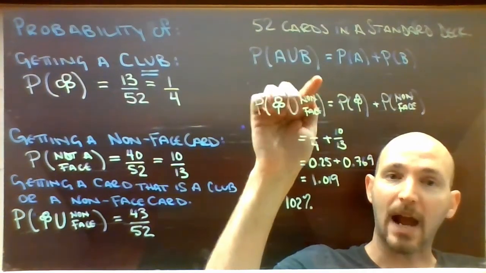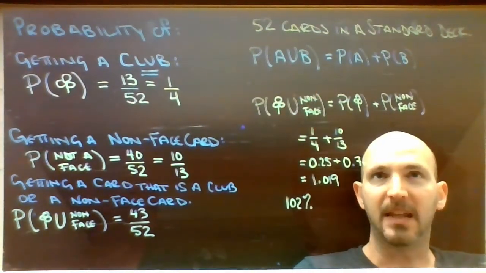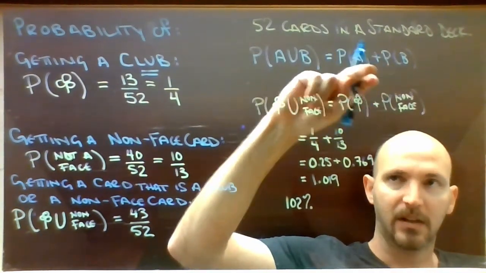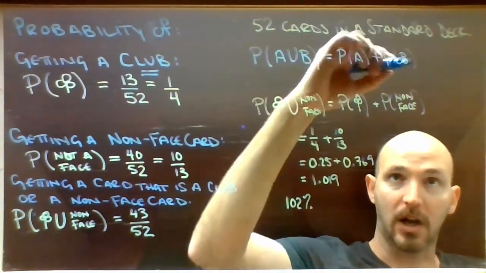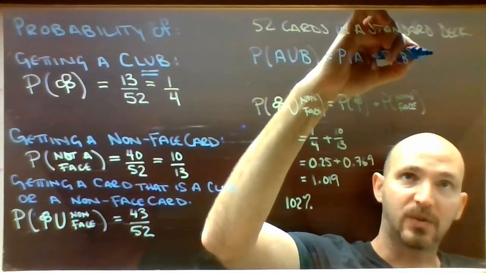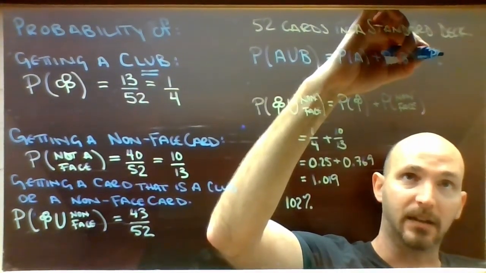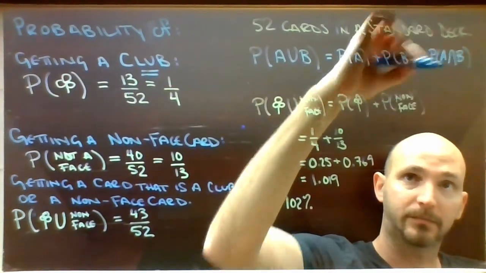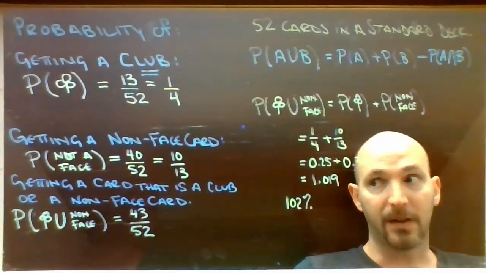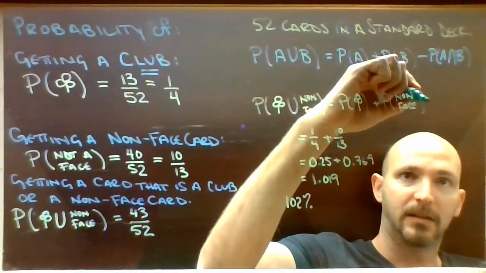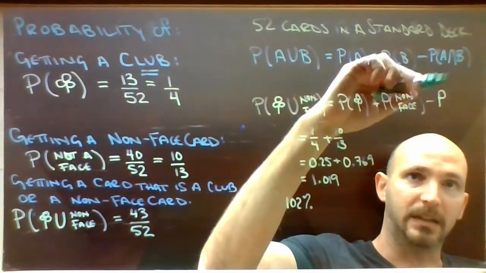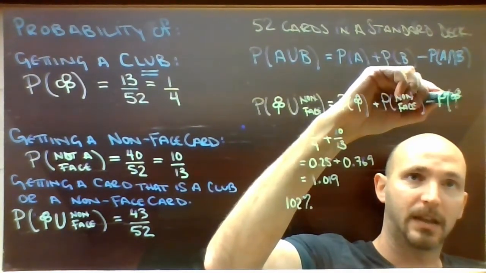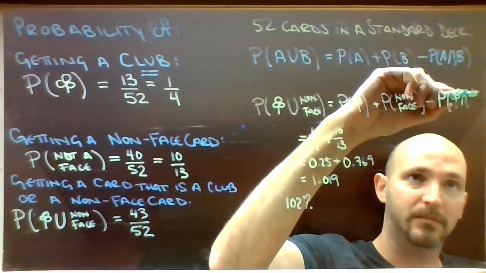So I have to correct that here. The issue was that some things fall into this and this. So in order to make the calculation work, I have to remember to take out my double counting of the ones that are in A and B. So if I were to do that, minus the probability of them being clubs and non-face.